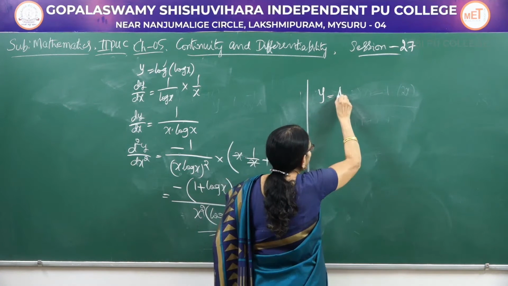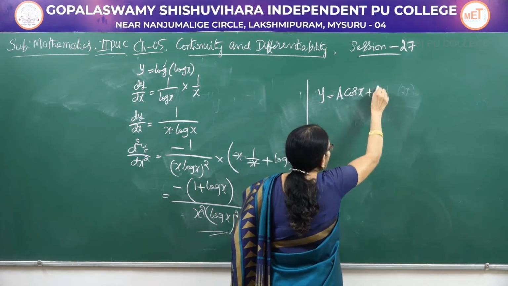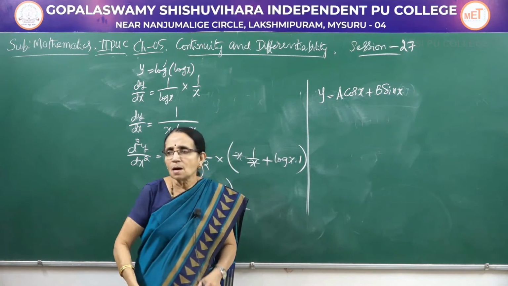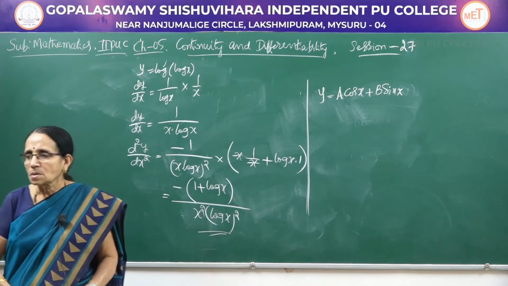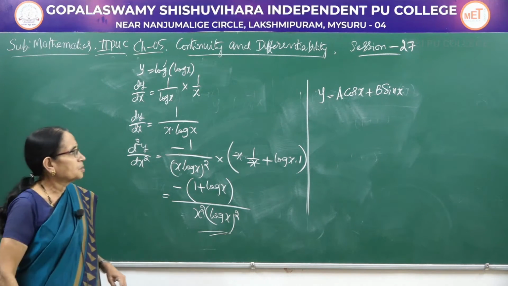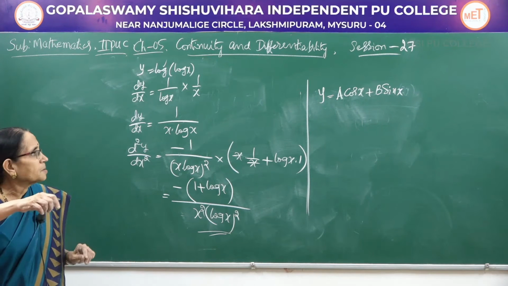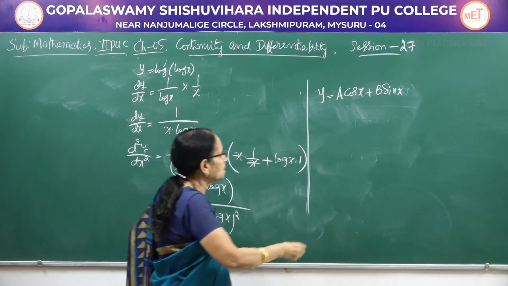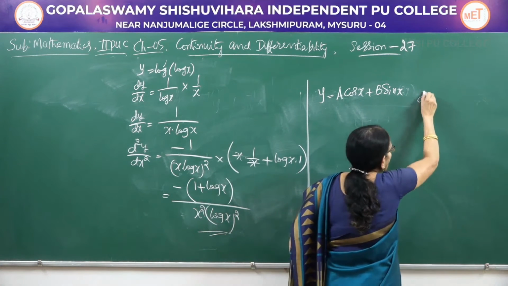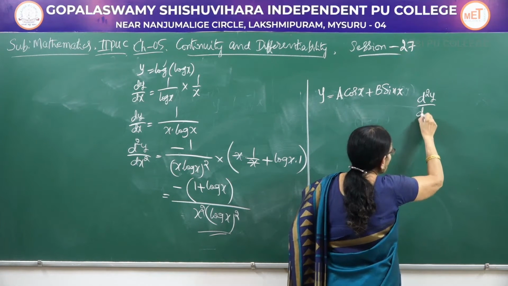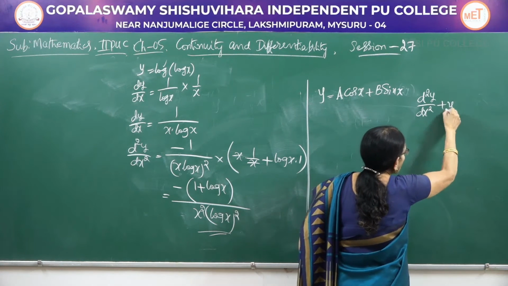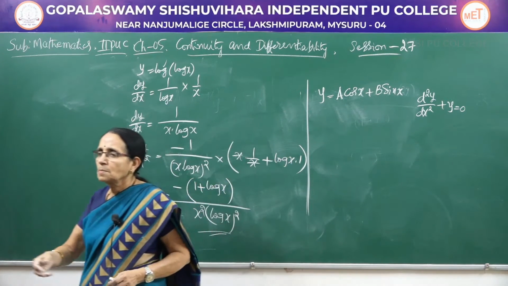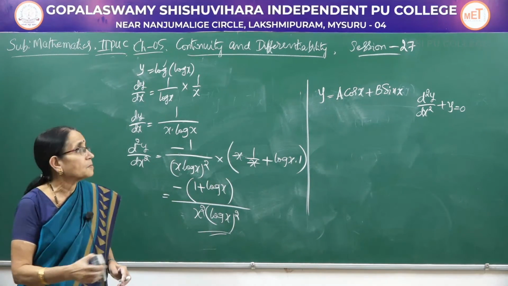If y is equal to a cos x plus b sin x, where a and b are some constants, then show that d square y by dx square plus y equal to 0.